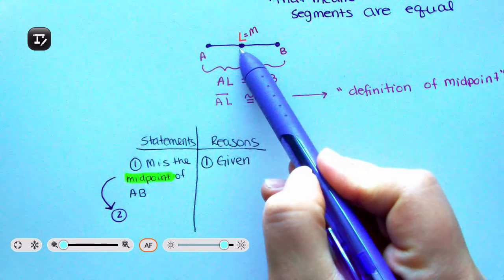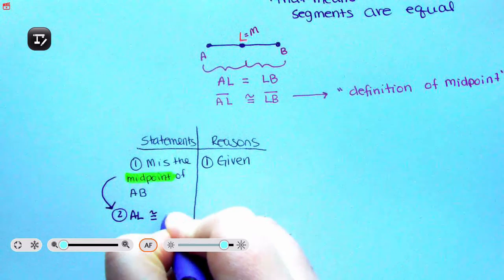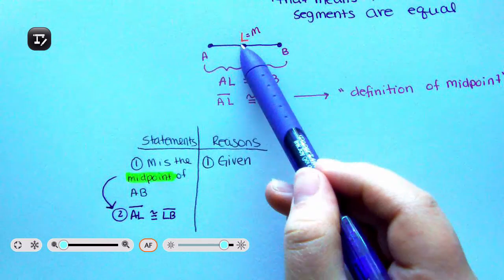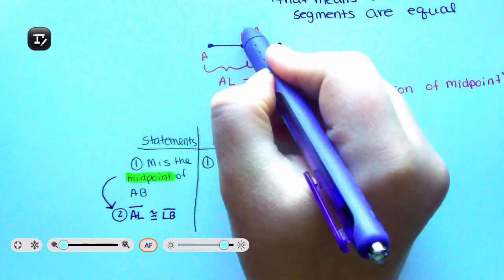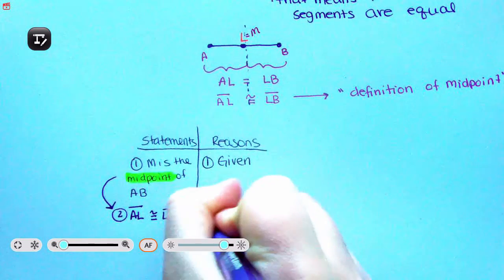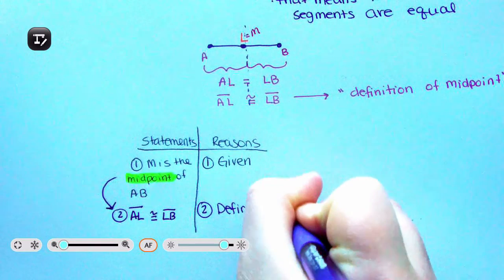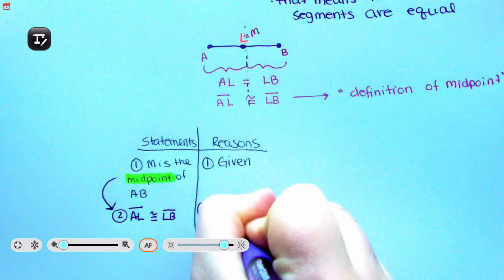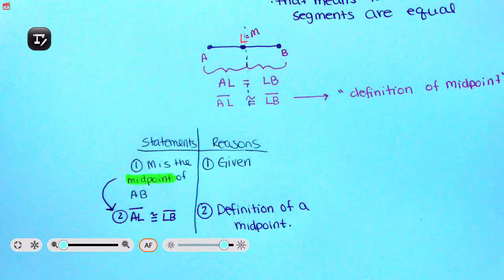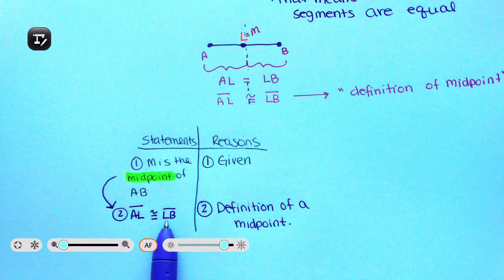We know that L is the midpoint, therefore AL is congruent to LB. How do you know? Well, because L is the midpoint, meaning this got cut in half, meaning we use the definition of a midpoint. Again, what do we know? Segment AL is congruent to segment LB.